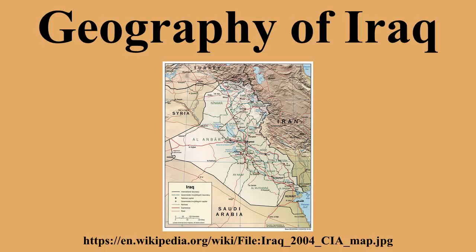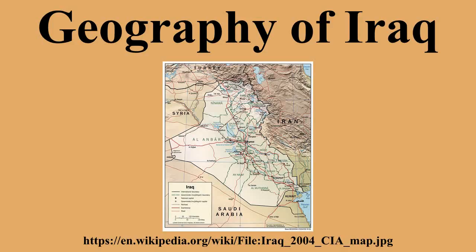Area total: 438,317 square kilometers. Land: 437,367 square kilometers. Water: 950 square kilometers. Land boundaries total: 3,809 kilometers.